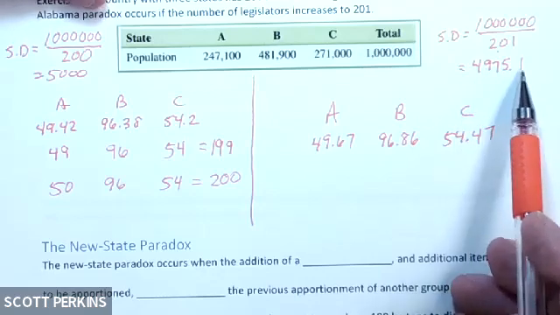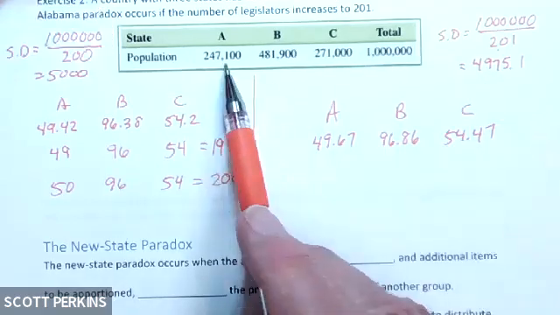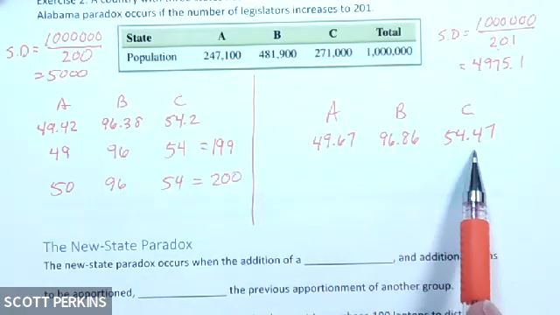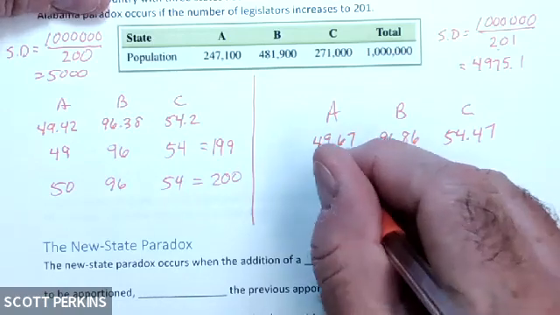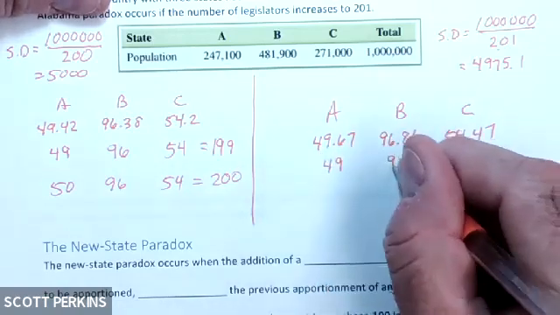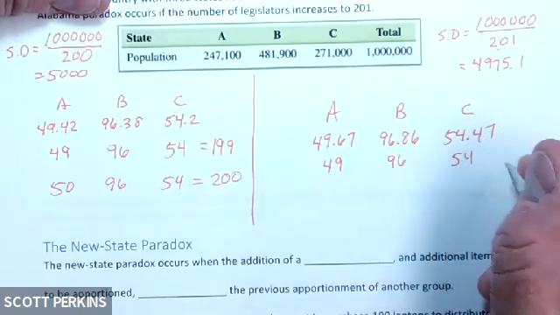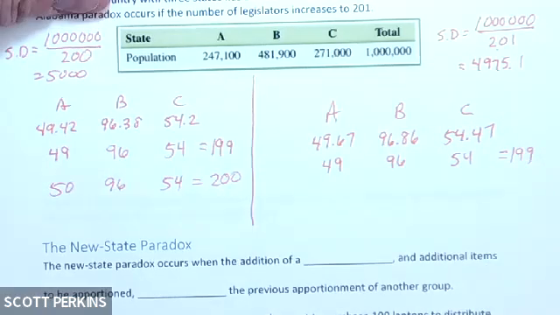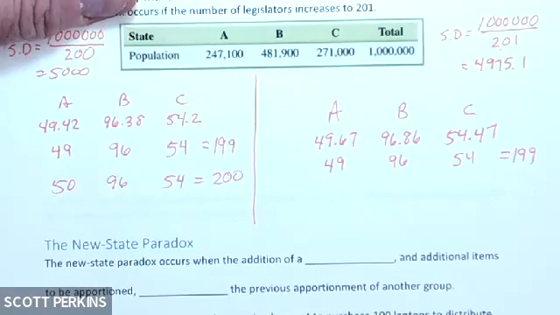Divide the 4975.1 into each of these three states, and we get the following decimals here. The Hamilton method said I'm going to make this 49, 96, and 54 again, which again is 199. But this time I have 2 to add. And who do I add the 2 to?